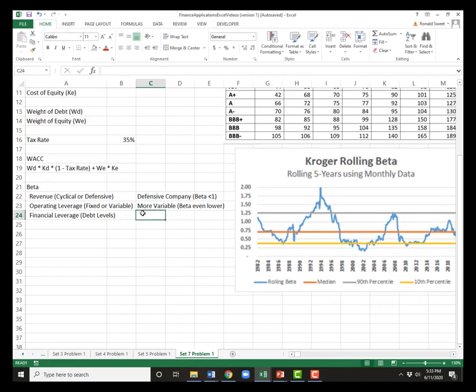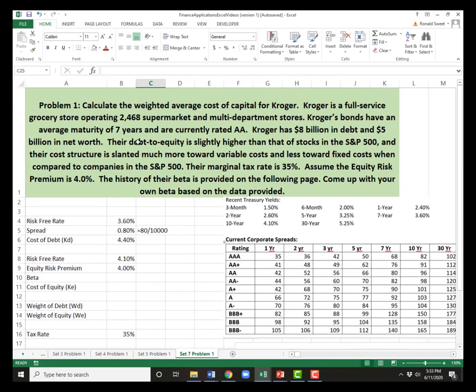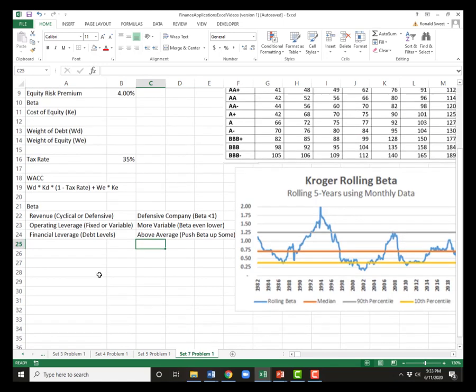It's above average. So it will push beta up some, not much. Now here in this problem, I said that Kroger's debt was slightly higher. That is not true today. Kroger's debt today is significantly higher than the average stock. But at the time I did this problem, it was slightly higher.